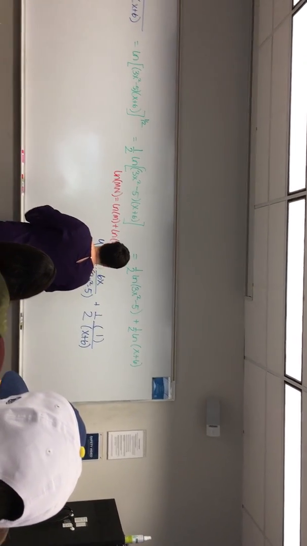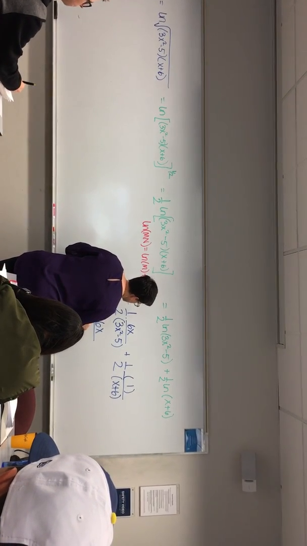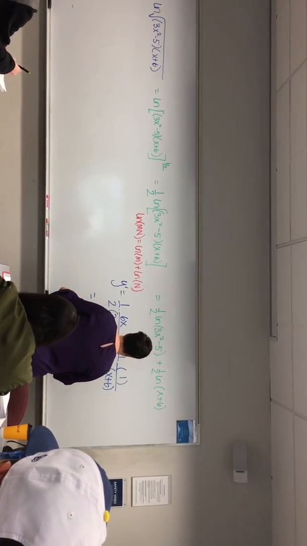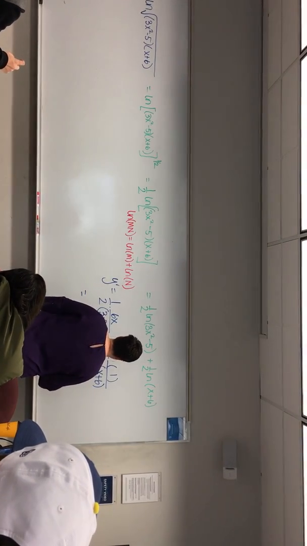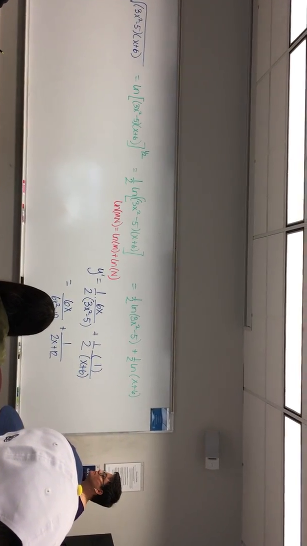So I could simplify this just a little bit, right? I could make this 6x over 6x squared minus 10 plus 1 over 2x plus 12. Make it a little bit nicer looking, I would think.